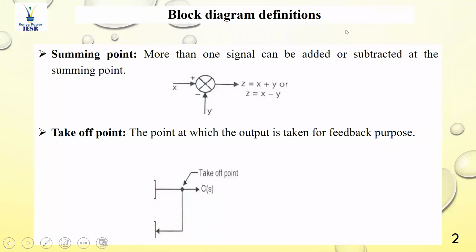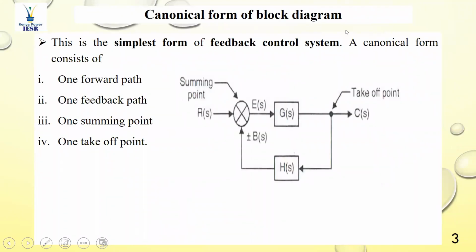Moving on to our next definition, we have the canonical form. A canonical form is a block diagram that shows the simplest form of a feedback control system.